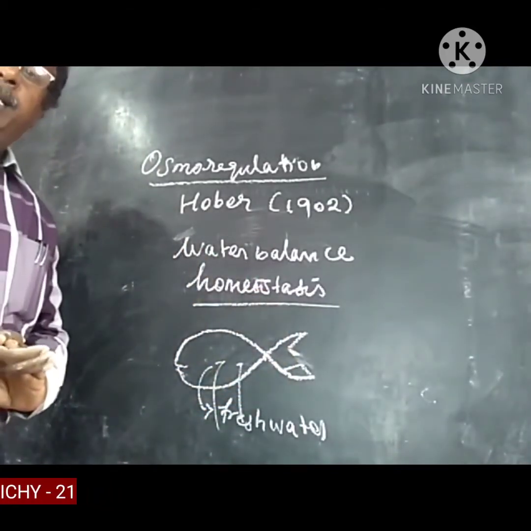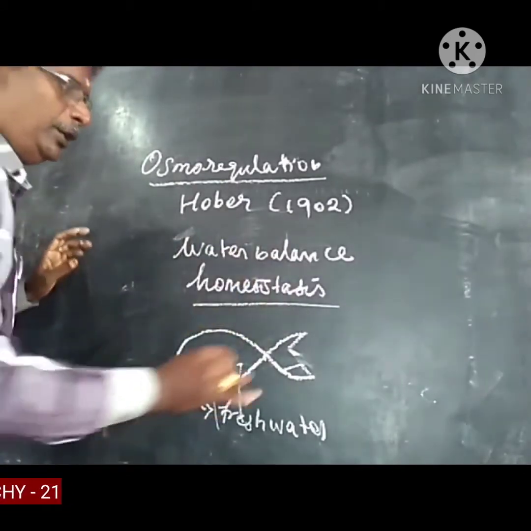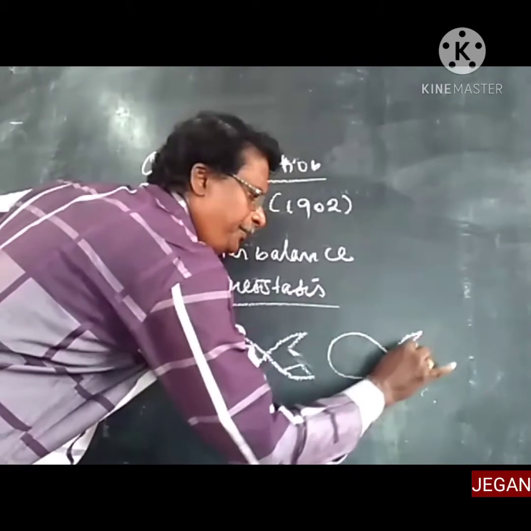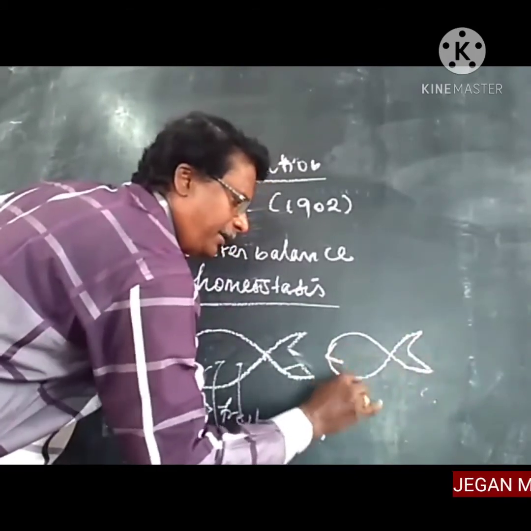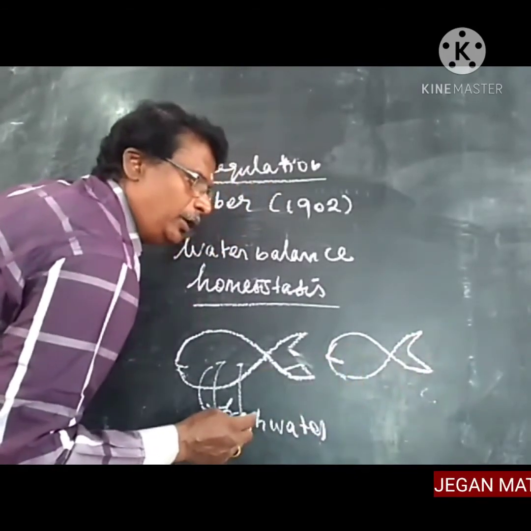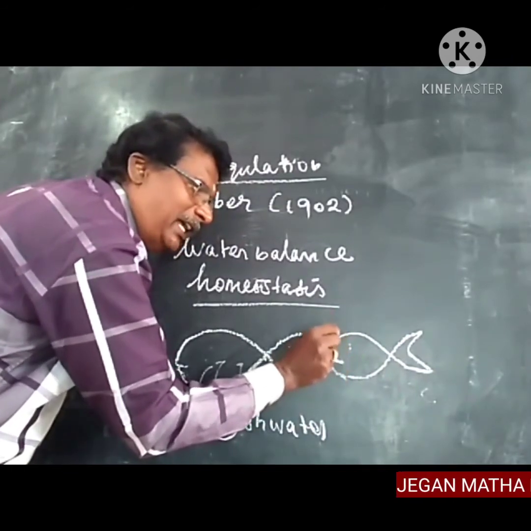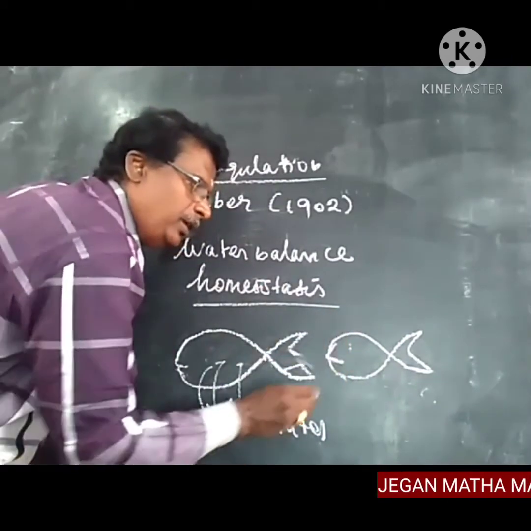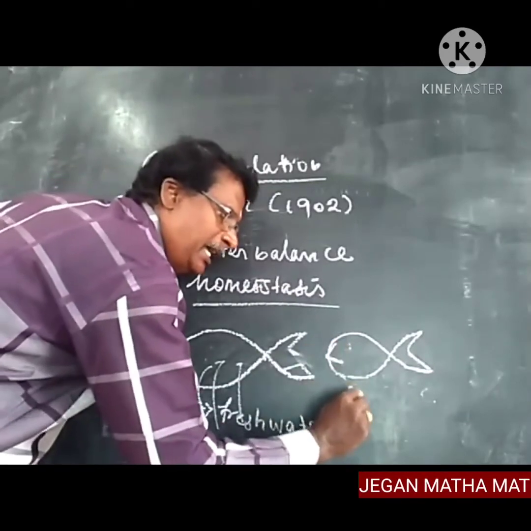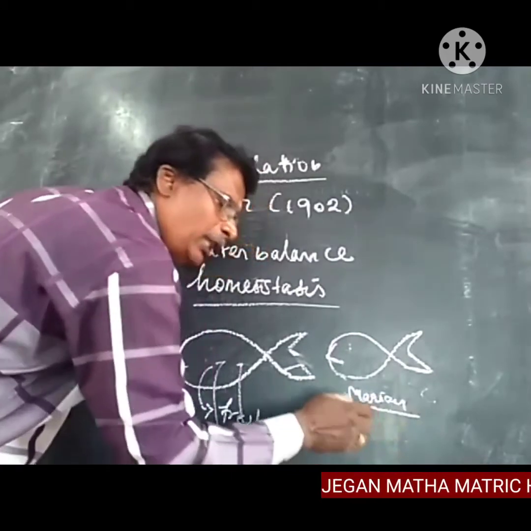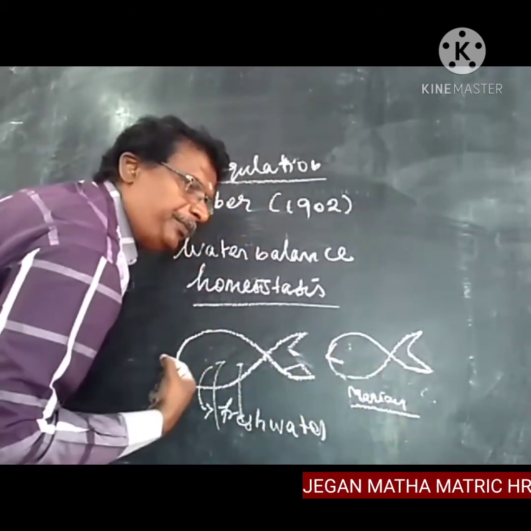Then another fish, one living in fresh water. Its body cells have no salt. If this fish is put in marine water, there is a high concentration of salt.